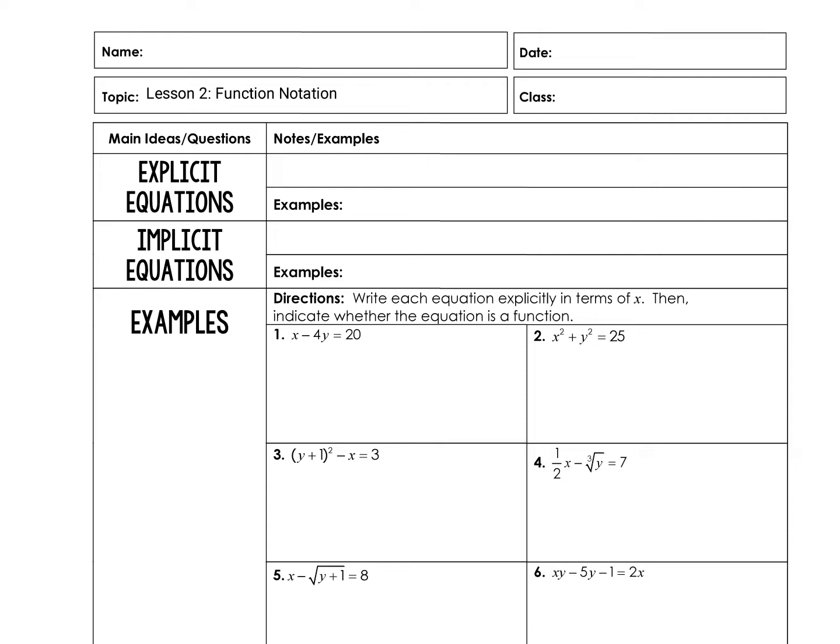So an explicit equation is an equation solved for a specific variable.